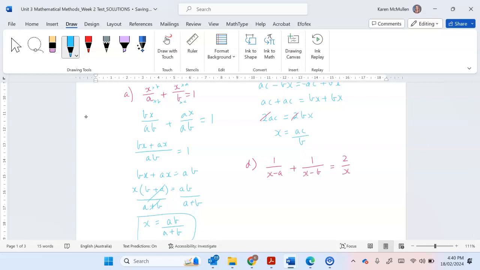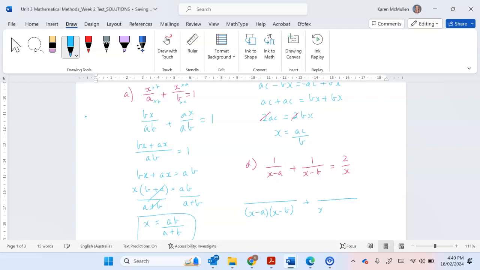So we've got to make them the same, just like we did in question A, where we multiplied the first one by b over b. Our common denominator, and it's a bit of a long one, is going to be x minus a times x minus b.